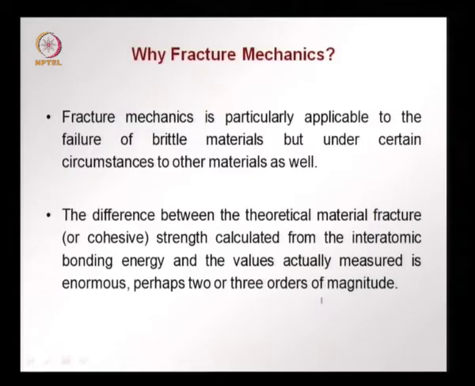So, if we were to calculate the strength of the material from those values of bond energy, we would find that it is much higher than what is actually measured in the lab on a material, probably 2 to 3 orders of magnitude higher. So, there is a big difference between the actual strength and the theoretical strength, the actual strength being much lower than the theoretical strength.